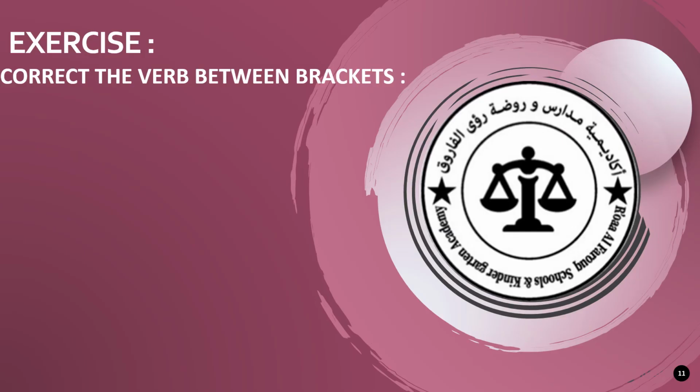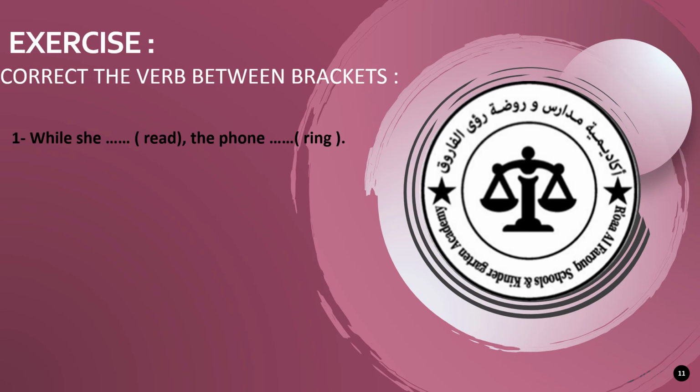Let's take an exercise. Correct the verb between brackets. Number 1: while she, and we have between brackets the verb read, the phone ring. Where's the long action? After while. Excellent.